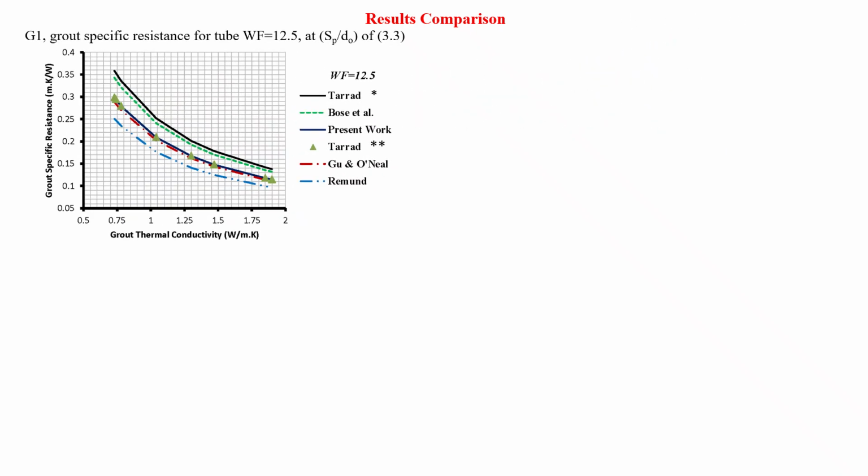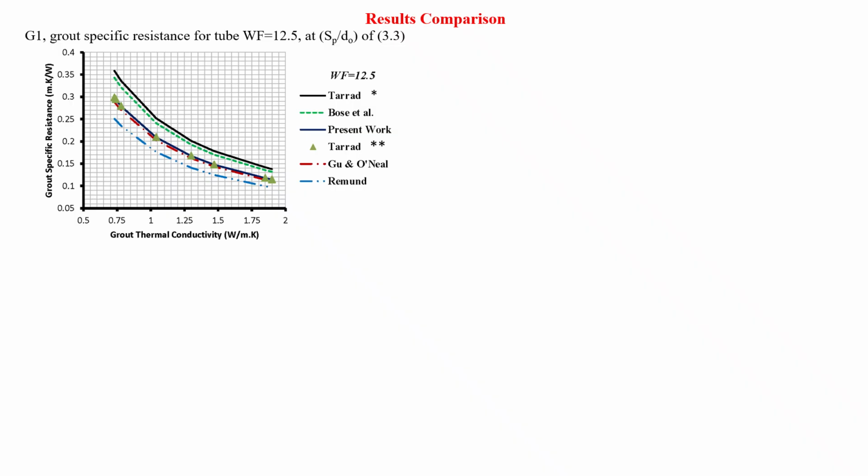The variation of the grout specific thermal resistance with the thermal conductivity can be shown in this figure for the geometry G1. And it's clear that all of these correlations have the same trend.